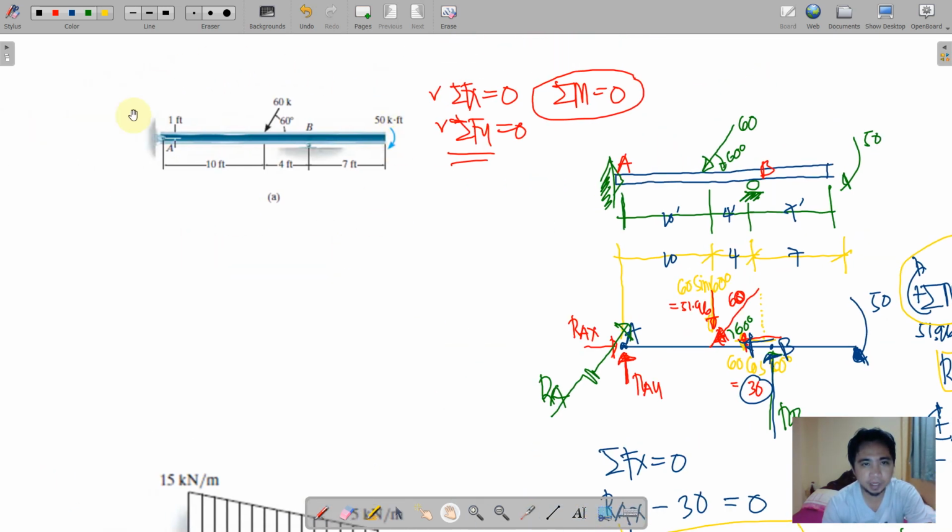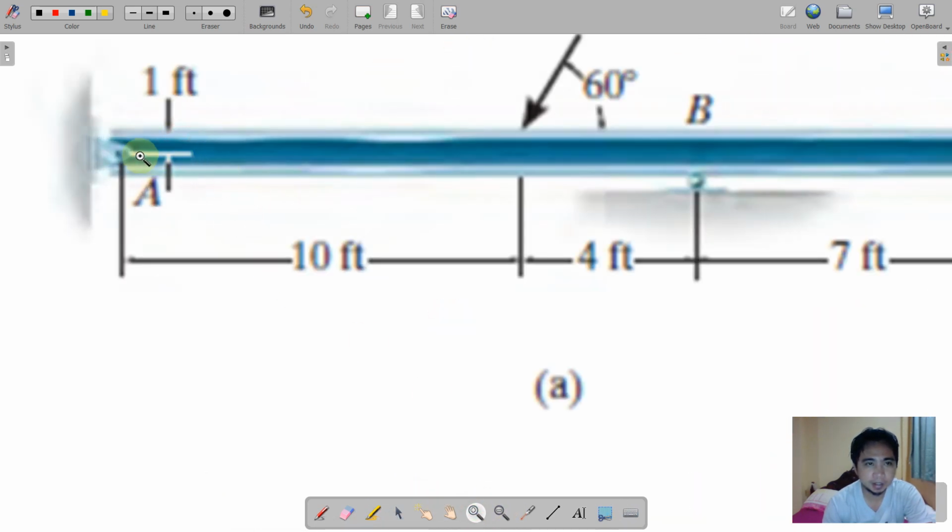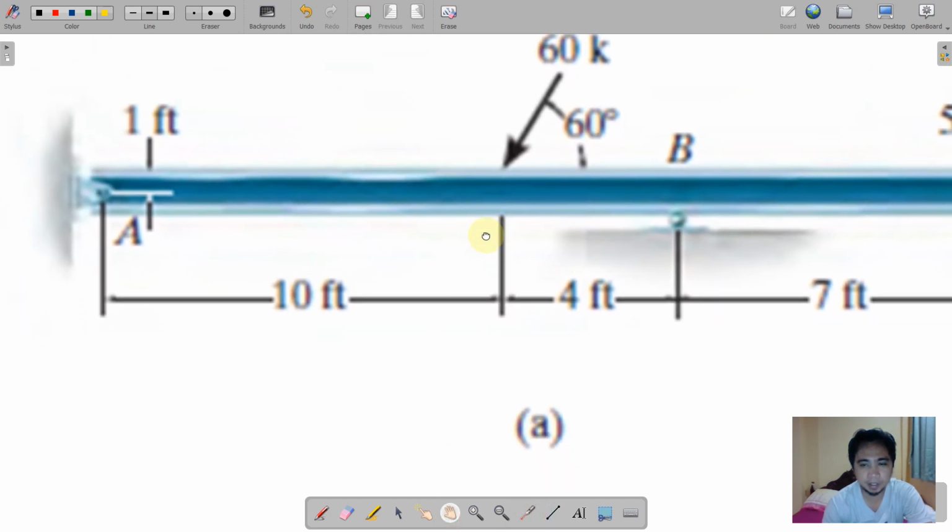So if we strictly follow this type of setting, ito zoom ko lang to, yan, yung arrow na to ay nasa ibabaw at meron siyang distance na 1 foot on the center of this I-beam. So ngayon, kung ganyan, therefore magkakaroon tayo ng rotation caused by this 60. Okay?